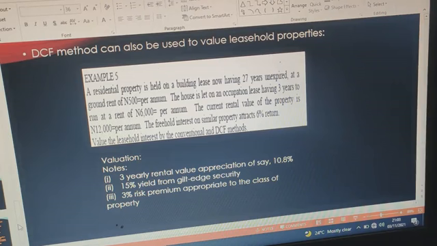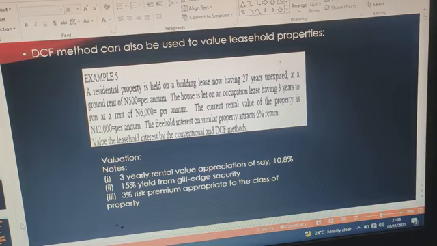The current rental value of the property is N12,000 equals per annum. The freehold interest on similar property attracts 6% return. Value the leasehold interest by the conventional and DCF methods.